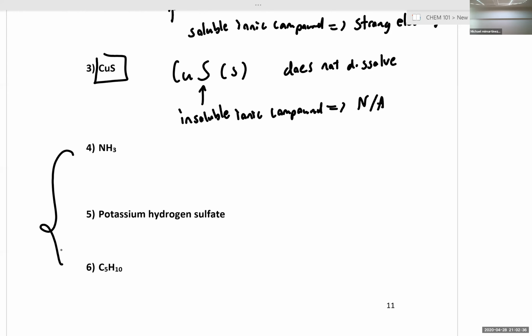Don't be shy to communicate in the chat any of your assignments for these 3 compounds, as strong, weak, non-electrolytes, or if they don't fall into any of those categories.